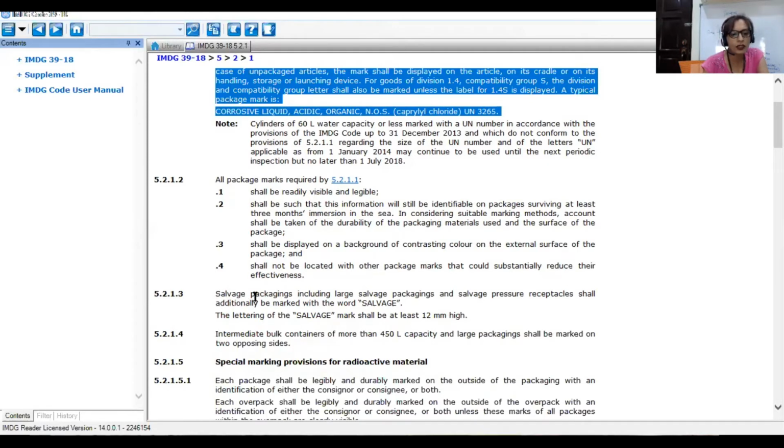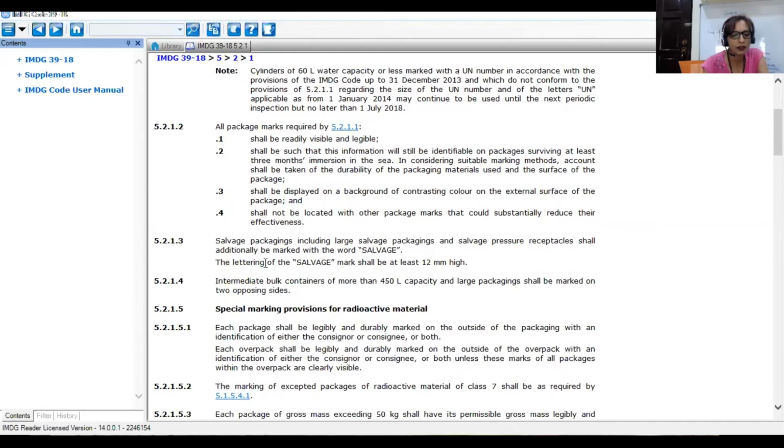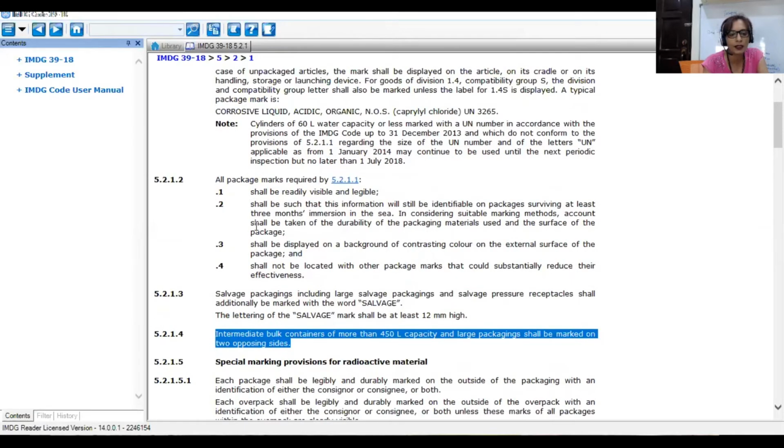You notice here, still nothing, just the size of the mark. Then for IBCs: intermediate bulk containers of more than 450 liters shall be marked on 2 opposite sides. But when you read this, it doesn't tell you how many sides a package must be marked.